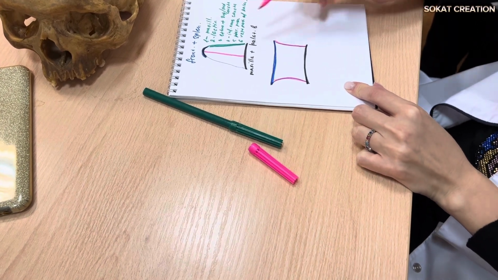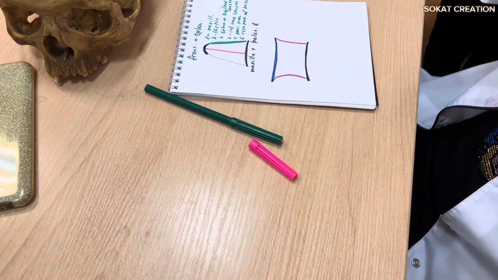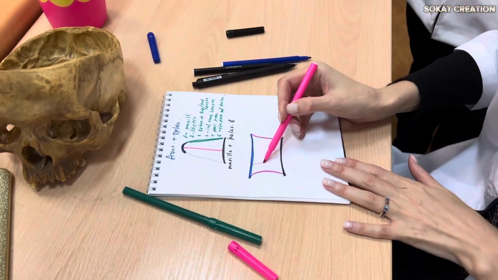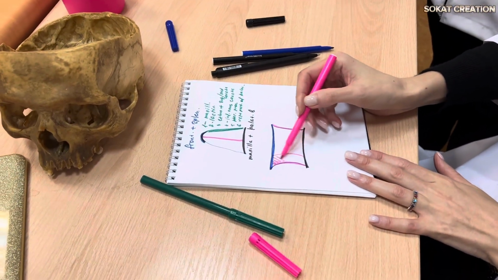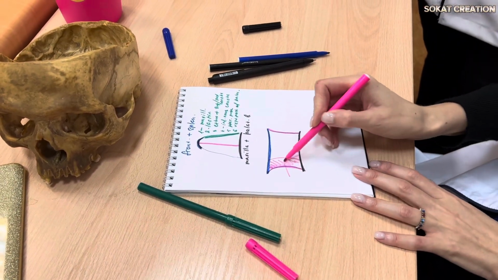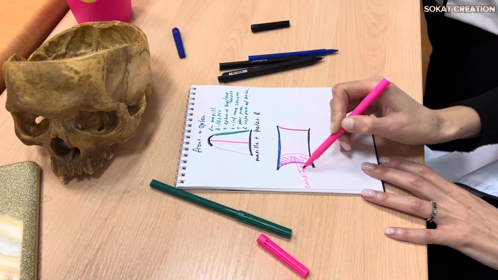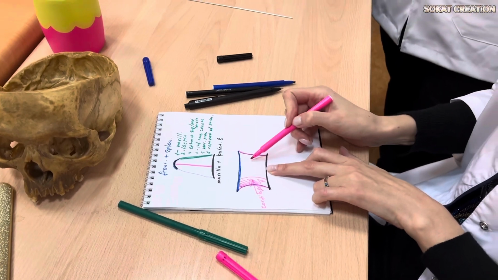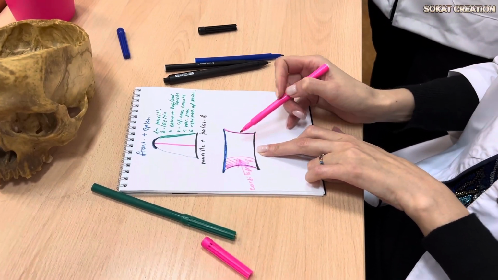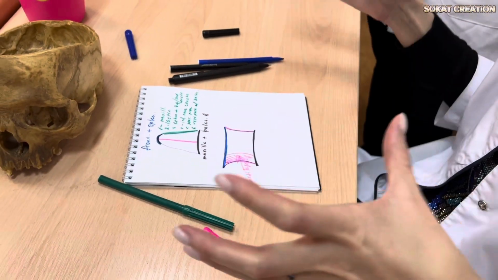And our septum consists of two parts. The anterior part consists of cartilage. And the posterior part consists of several bones.